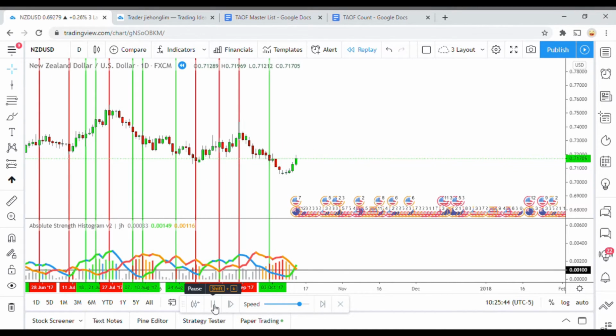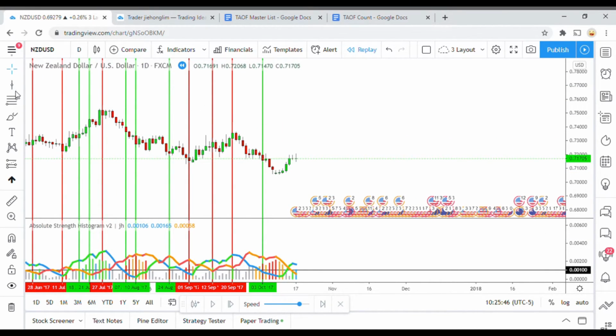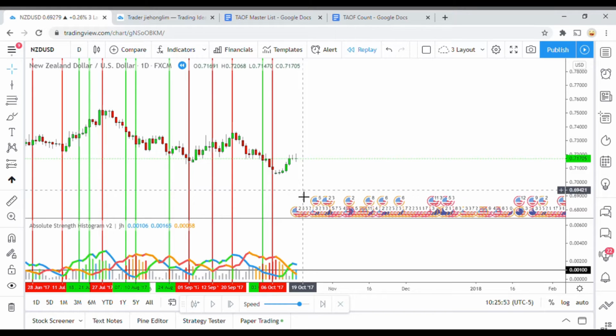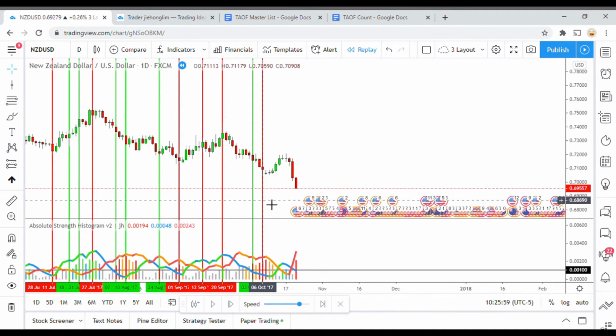So let's go ahead and play this forward some. That would have canceled us out. Got us stopped out. And we pick up a long signal over here. Was not above our line that we were looking for, the histogram signal line.